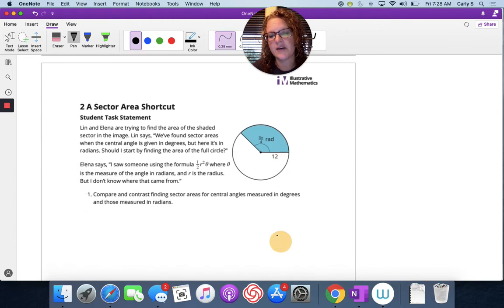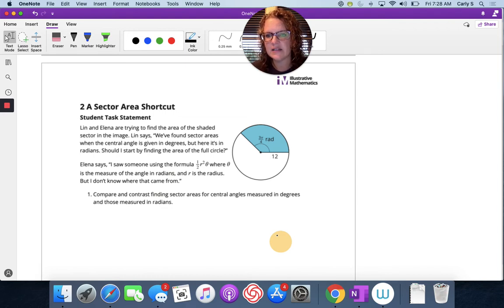So, a sector area shortcut. Lynn and Alina are trying to find the area of the shaded sector in the image. Lynn says, we found sector areas when the central angle is given in degrees, but here it's in radians. Should I start by finding the area of the full circle?